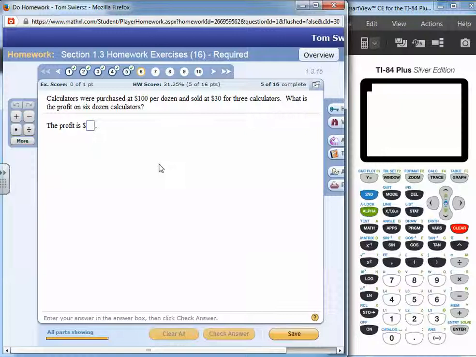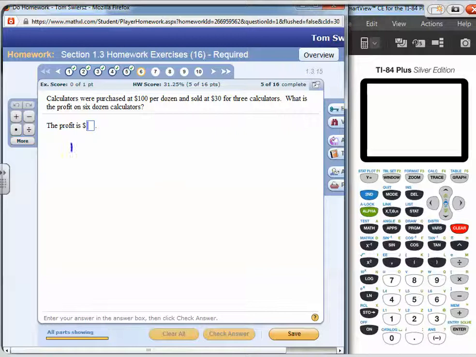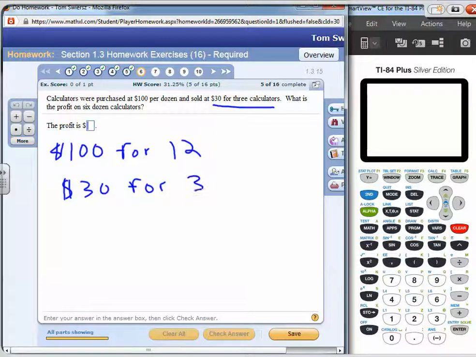Homework exercise number 6. Calculators were purchased at $100 per dozen, so $100 for 12 calculators. Sold at $30 for 3 calculators. We're going to do everything in dozens, so let's multiply by 4.